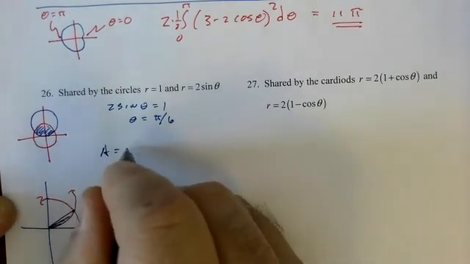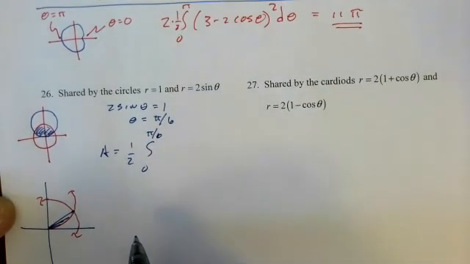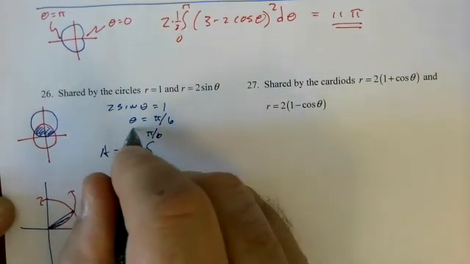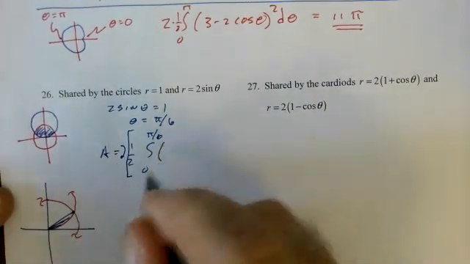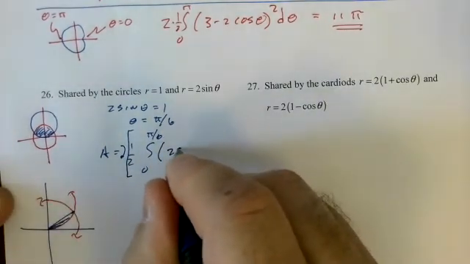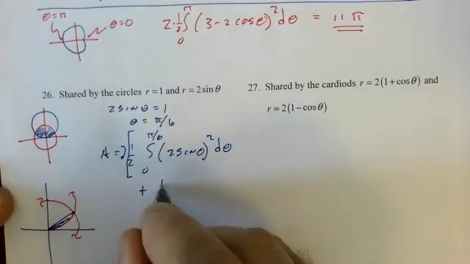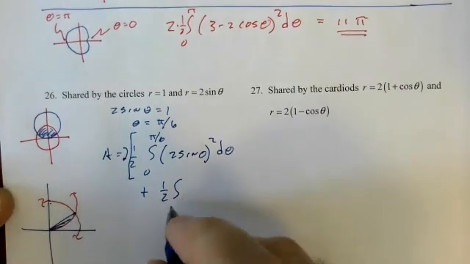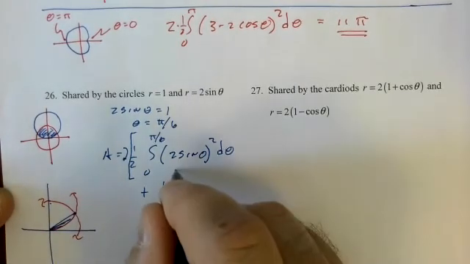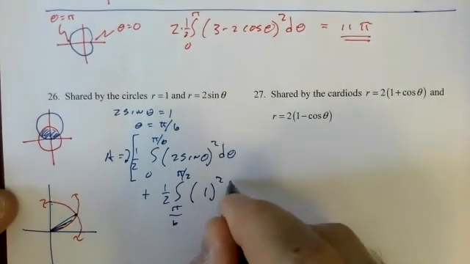So this area is 1/2 integral from 0 to pi over 6. There's only half of it, so I'm gonna have to multiply everything by 2 of this one, 2 sine of theta squared d theta, plus 1/2 the integral from pi over 6 to pi over 2, pardon me, of 1 squared d theta.